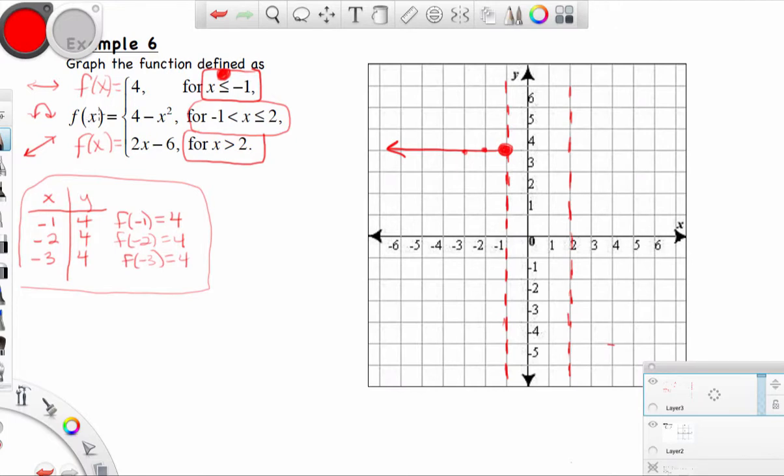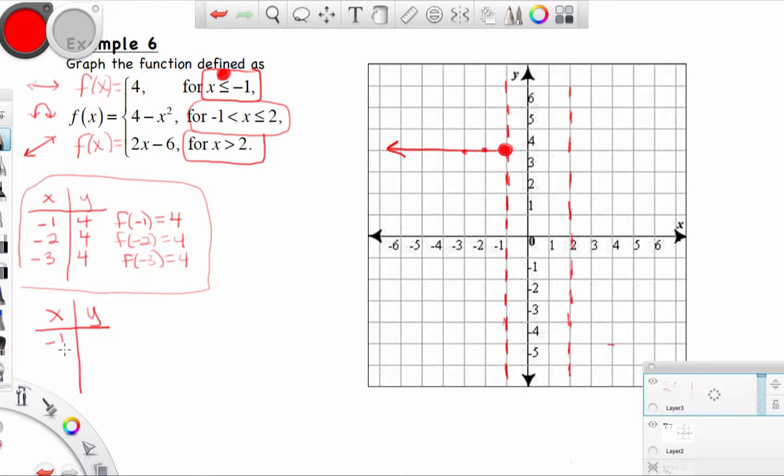Now we have f of x equal 4 minus x squared, and I'm allowed to use ordered pairs in between -1 and 2. I already know that that's going to be a parabola because of the x squared, so I'm going to pick lots of ordered pairs. I'm going to use everything in between -1 and 2.